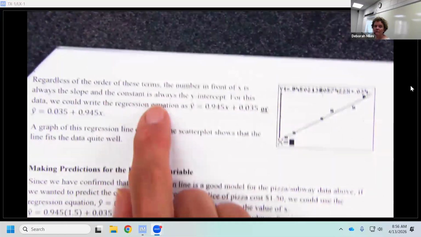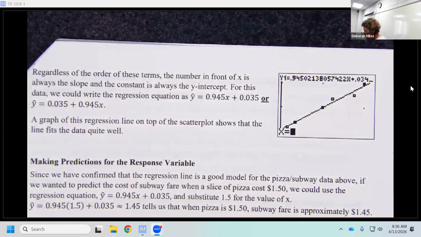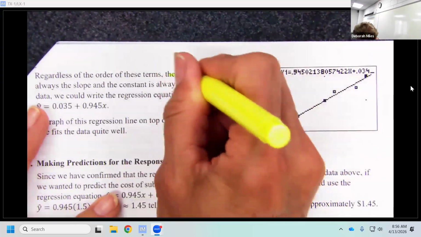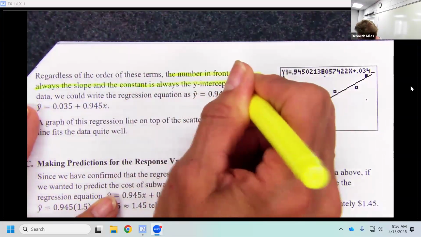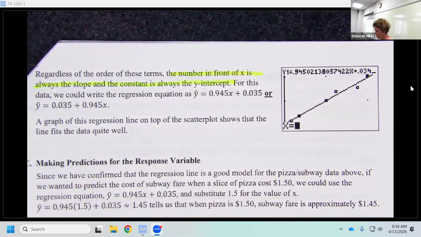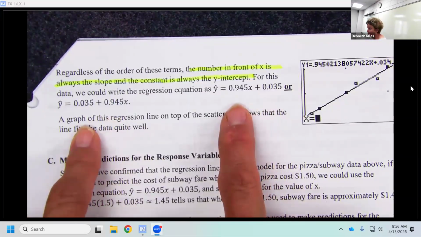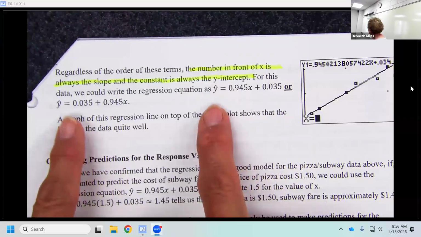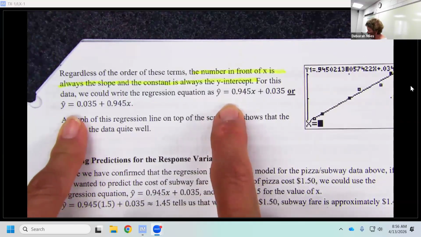Regardless of the order of those terms, the number in front of X is always the slope, and the constant is always the y-intercept. So for our pizza Subway fare data, we could write the equation either way, but Y hat is the symbol that we're going to use for the regression equation.